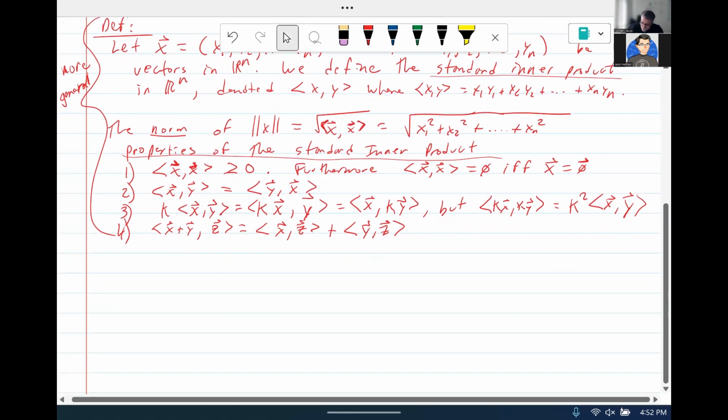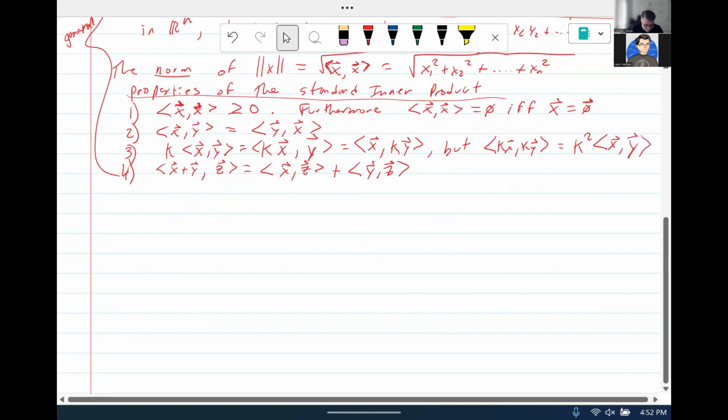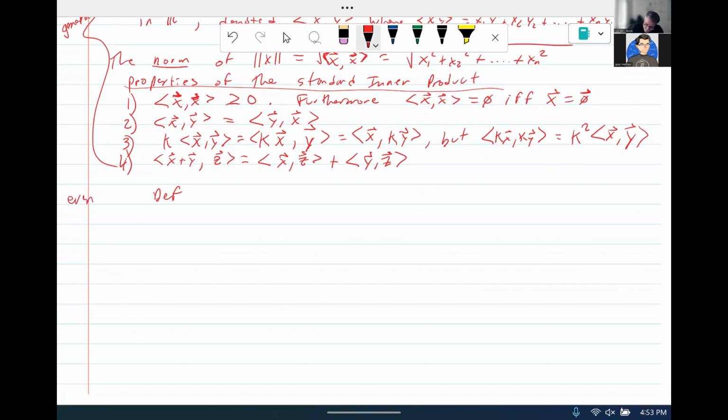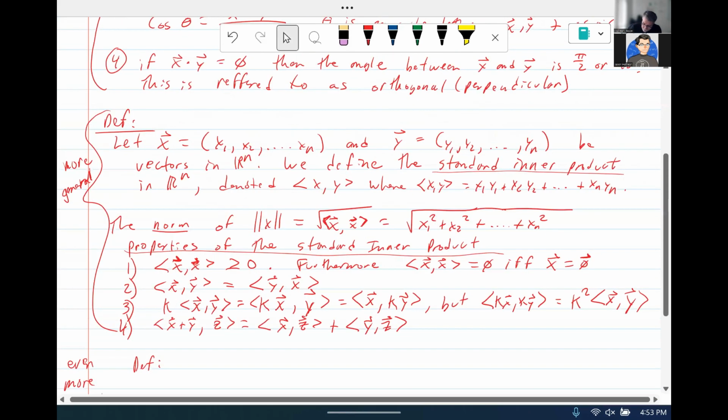Now, let's go even more general than that. Okay, let's do a definition. Even more general. Well, what have we been talking about? We've been talking about vector spaces.